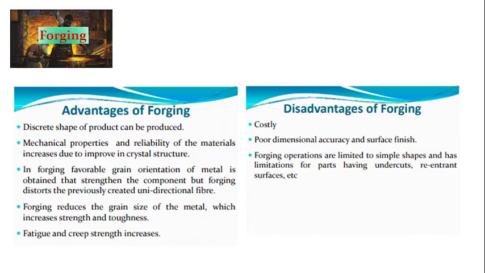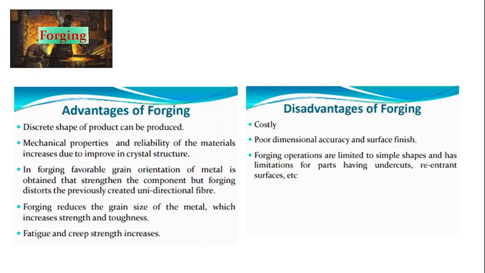Okay, now let's move on to forging. A few things you should know and remember about forging: it will provide you the best mechanical properties because it improves your crystal structure and significantly reduces the grain size.